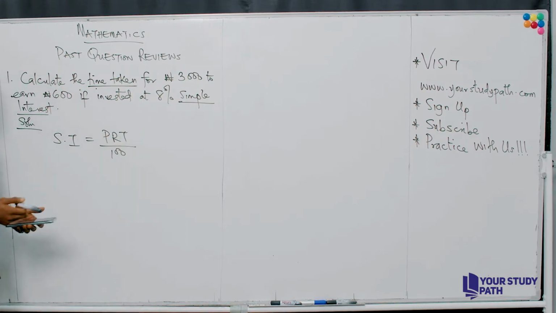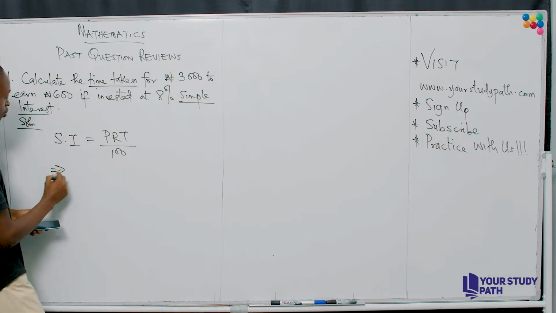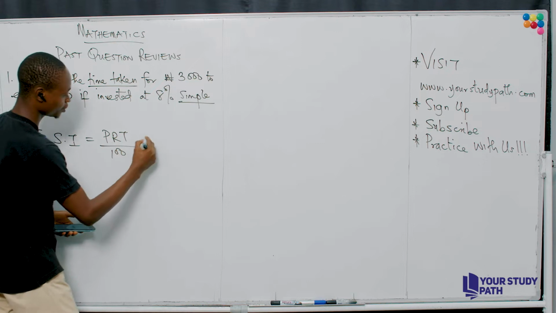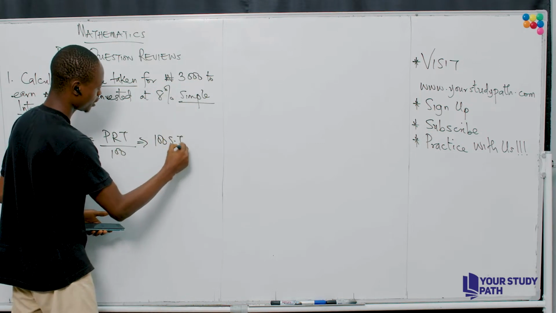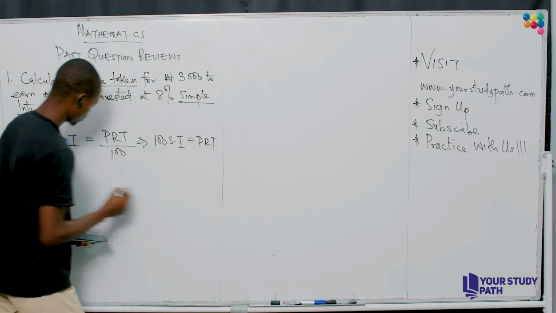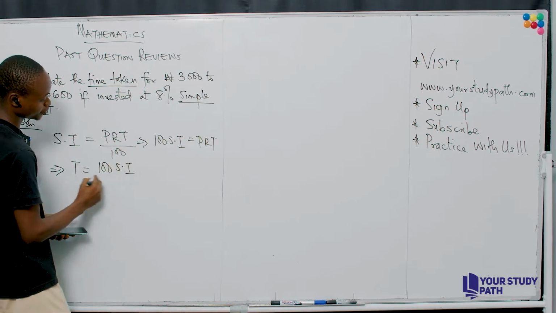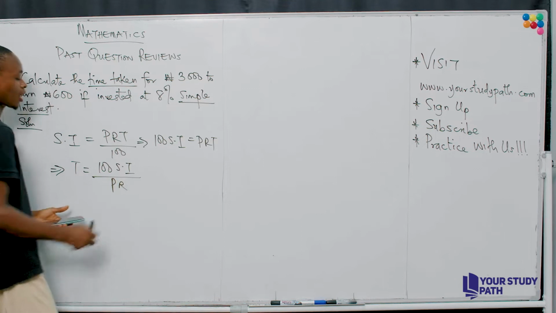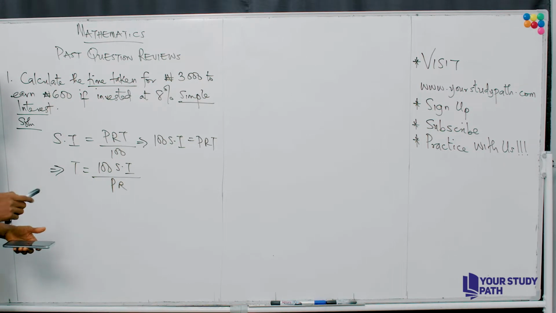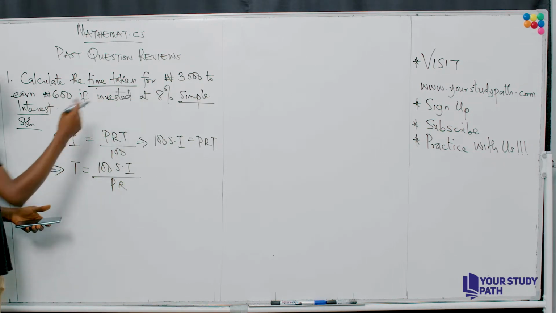So it means that the very first thing we do is to make T subject of the formula. All right. So cross multiplying, you have 100 SI is equal to PRT. So T will simply be equal to 100 SI, which is the simple interest, divided by PR. That's a simple subject of the formula. Now, let's put in the parameters we have.